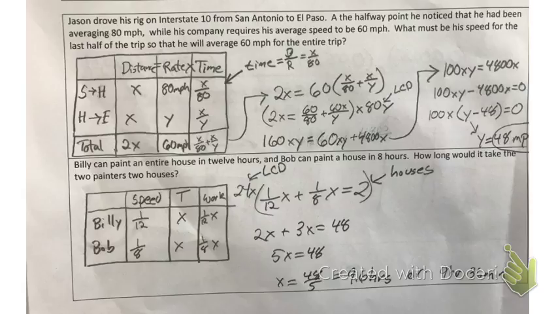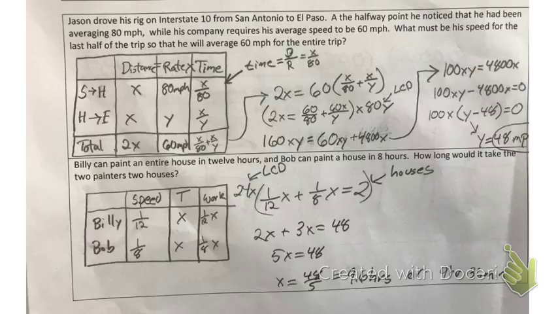They did say from San Antonio to the halfway point, he's going 80 miles per hour, so I just put 80 there. We don't know how long it took or what his speed was going the rest of the way. That's what we're looking for, so I just put a y in its place. But it did say the total needed to be 60 miles per hour, so we put 60. For time, I'm just going to use this x and 80. I'm not going to come up with a brand new variable.